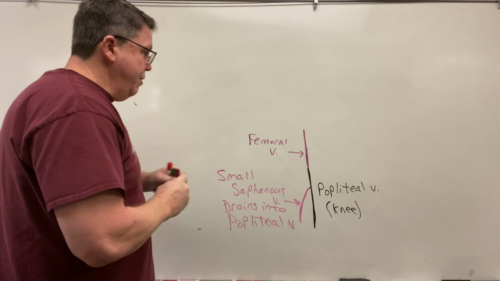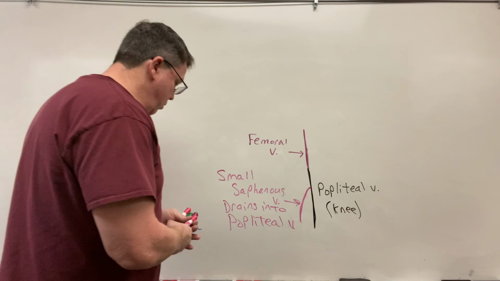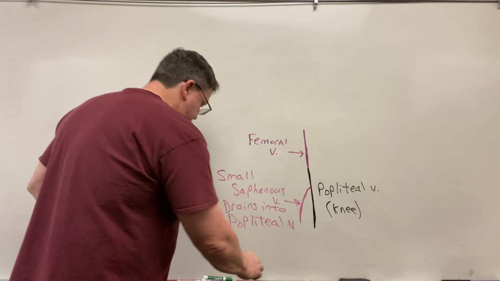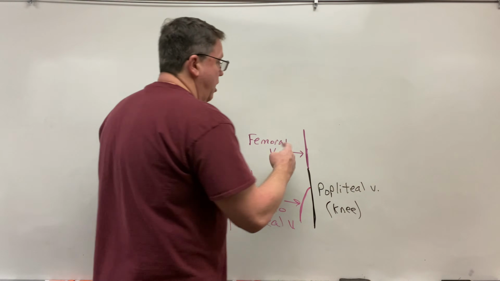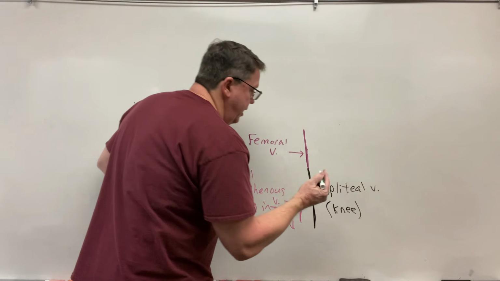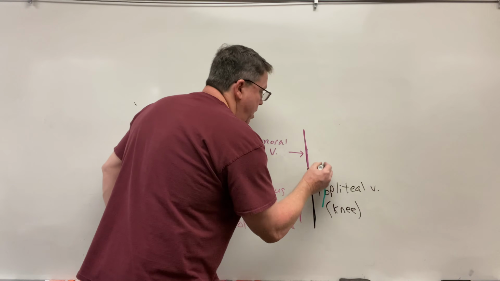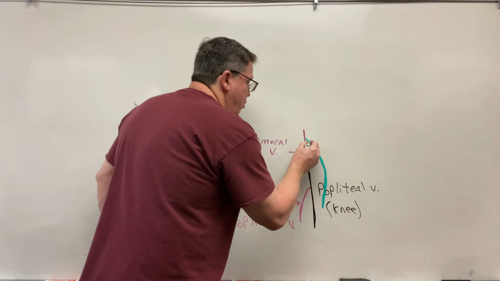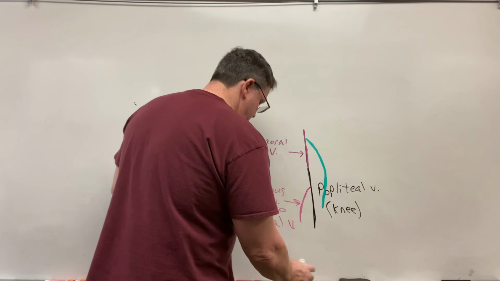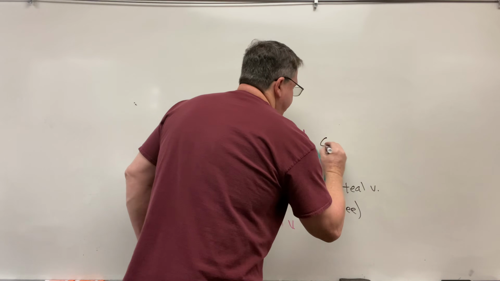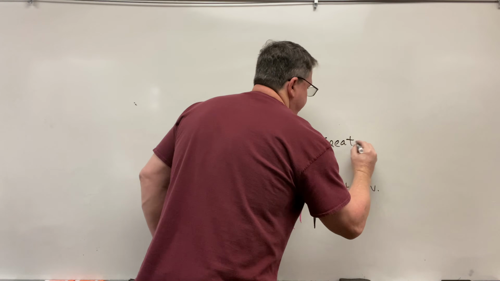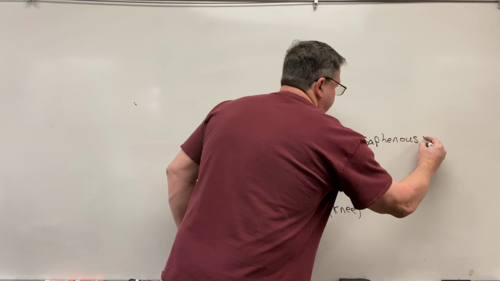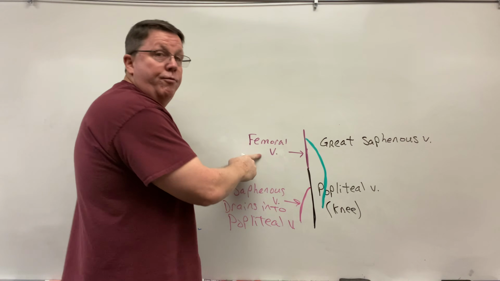Okay, then I have the femoral vein. The femoral vein is going to continue upward, and then it's going to come up to an area called the inguinal region. And when it gets to the inguinal region, what's going to happen is that great saphenous vein that we talked about is going to drain into the femoral vein.